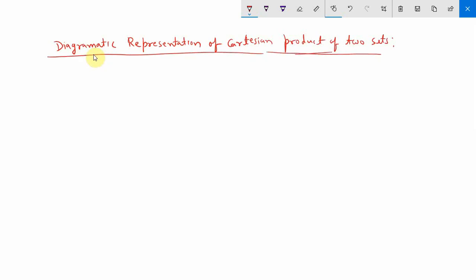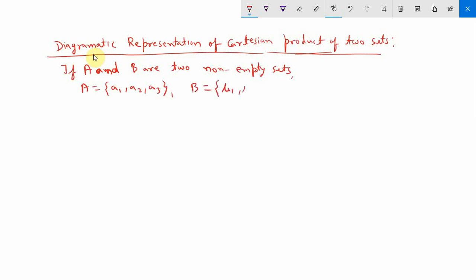Okay, so if A and B are two non-empty sets, then we can represent set A as A1, A2, A3 and set B equal to B1, B2.